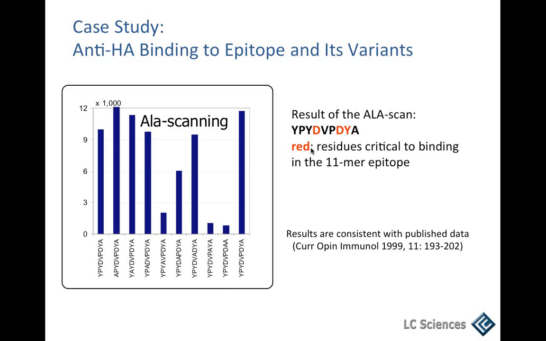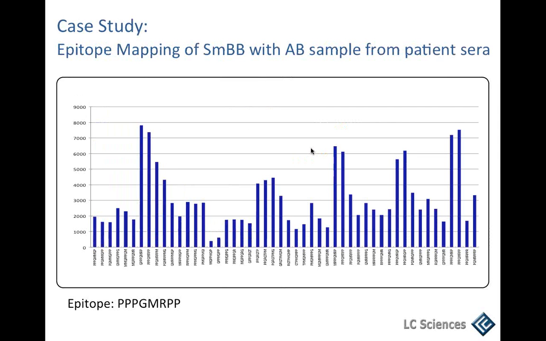And just one more brief case study. This was basically using real-world samples, these were actually patient samples. So this was an epitope mapping of SMBB, and the samples were an antibody sample isolated from patient sera, and the published epitope is noted below here.